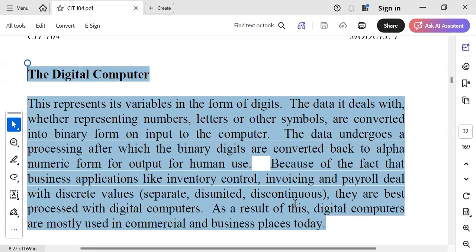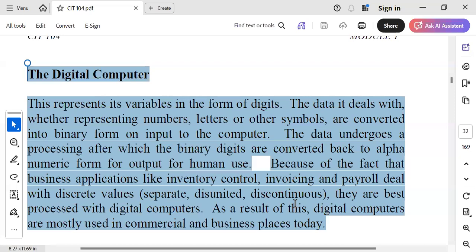Because business applications like inventory control, invoicing, and payroll deal with discrete values, separate, disunited, and discontinuous, they are best processed with digital computers. As a result of this, digital computers are mostly used in commercial and business places today.